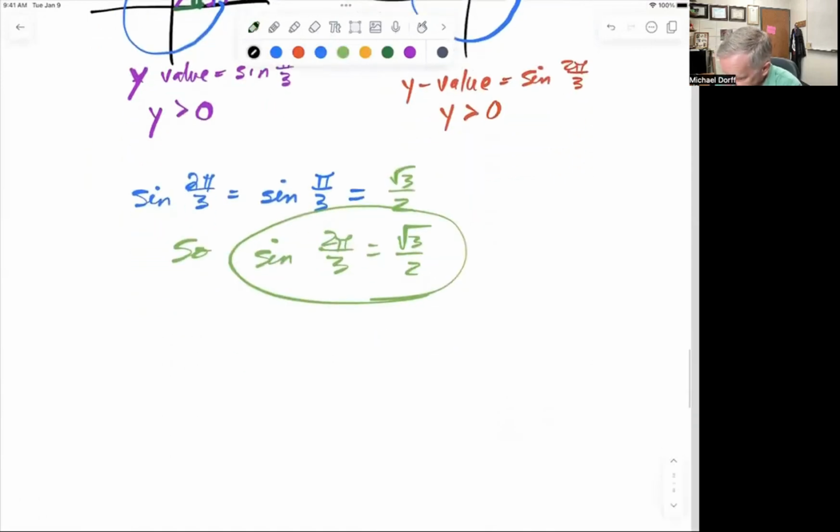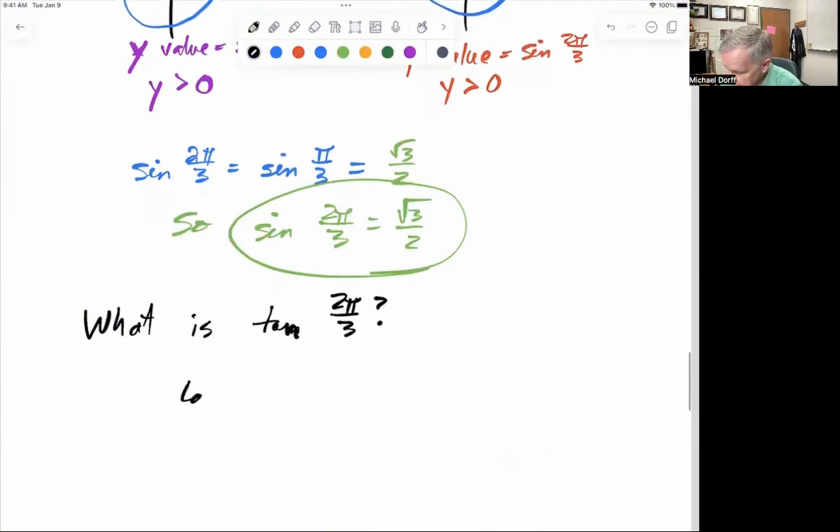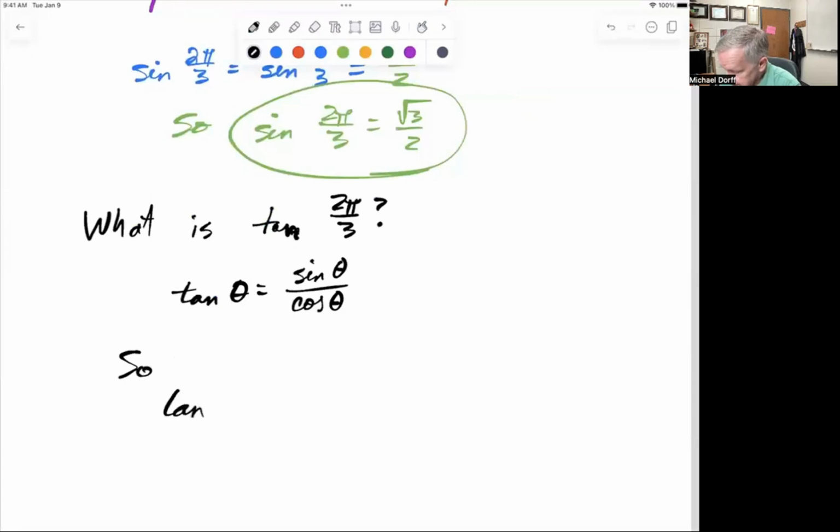And last, what is the tangent of 2 pi over 3? Here it's important to remember that tangent is the sine over the cosine. So the tangent of 2 pi over 3 equals the sine of 2 pi over 3 over the cosine of 2 pi over 3. But we just figured out those values, right?